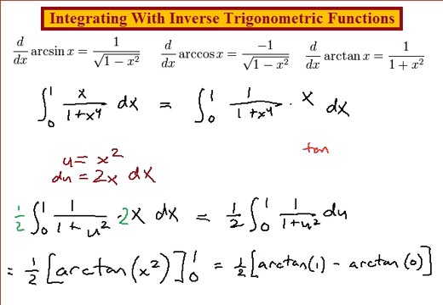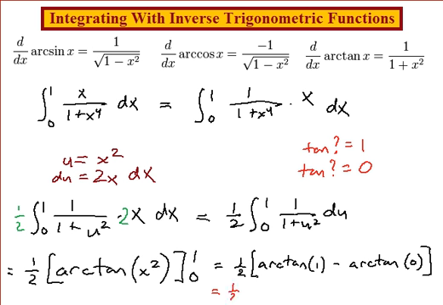Tan of some number is equal to 1, and tan of some number is equal to 0. This is a way of thinking about evaluating arctan expressions. Tan of x is equal to 1 when sine of x equals cosine of x.